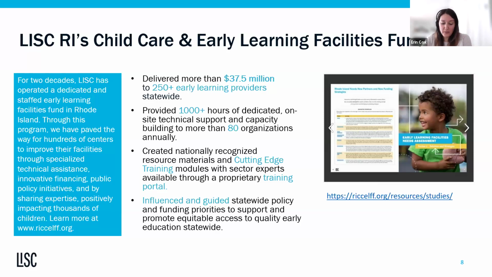We've created an online training portal, but we've also developed written resources and tools like facilities checklists that both center and home-based providers can utilize to self-assess the condition and help prioritize improvements that are needed in space that often relate to maintenance-related issues. We've also influenced and guided some statewide policy, but we also directly work with and train our licensing agents as well as our partner agencies on facilities. So with that, we'll talk a little bit now about the impact of maintaining your space.